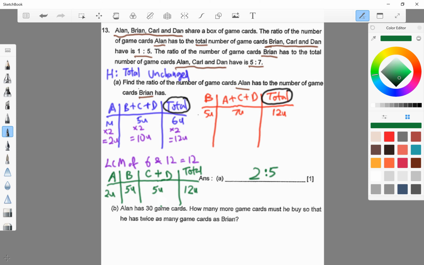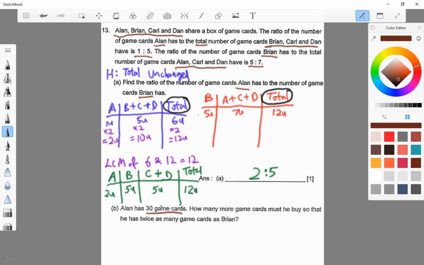Now, the next question. They're saying that Alan has 30 game cards, and how many more game cards must he buy so that he has twice as many game cards as Brian? There's a little bit of a trick to part B. What does it mean by twice as many as Brian?